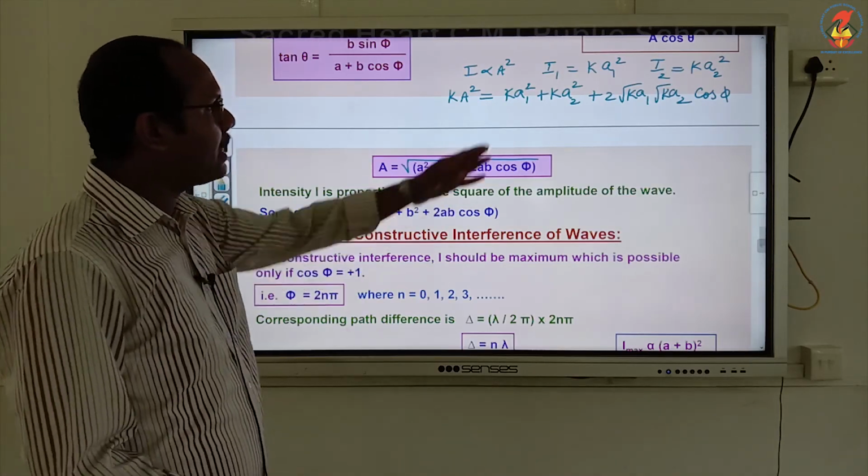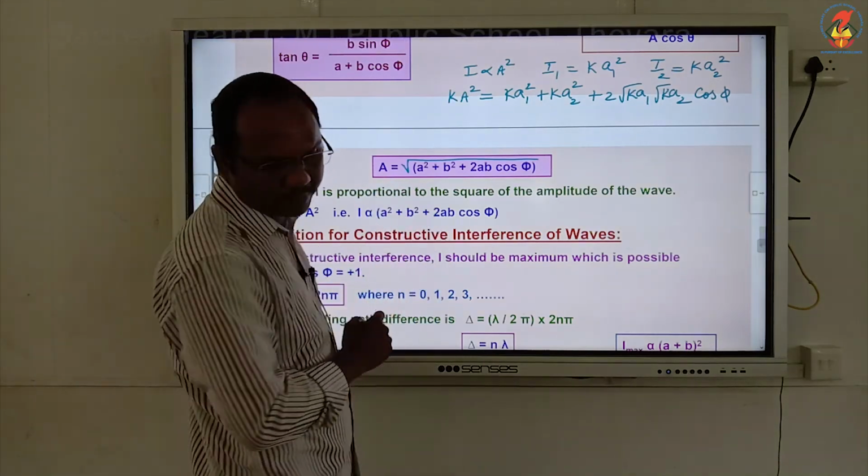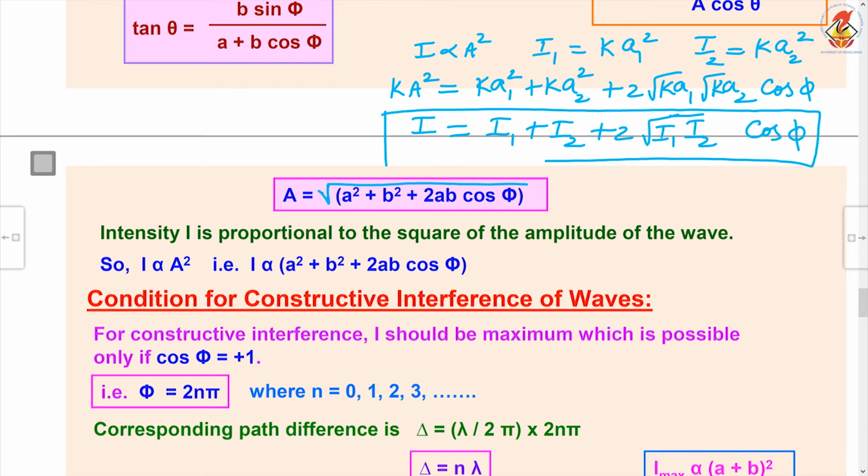And then I can take k common and it will cancel. So a square is I, therefore I is equal to I1 plus I2 plus 2 root I1 I2 cos phi. This is the expression for the intensity.